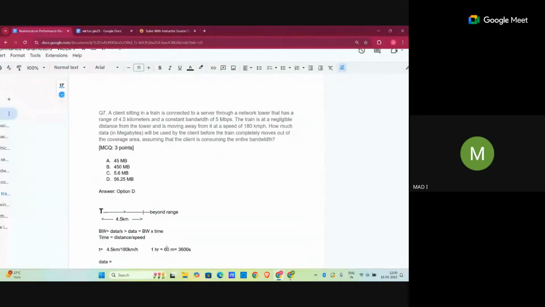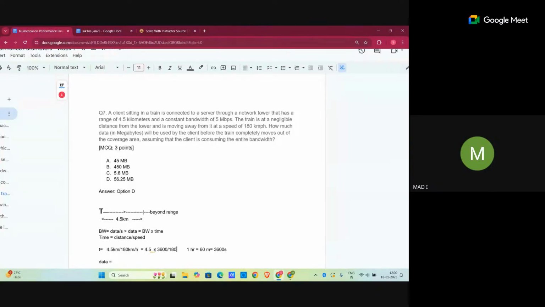So that's why we will multiply this. So this will be equal to 4.5. Now this hour is in the denominator, it will go to the numerator. That's why we will multiply it by 3600 divided by 180.